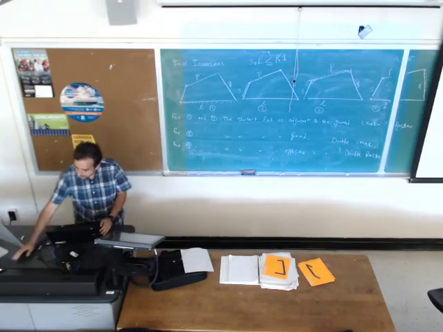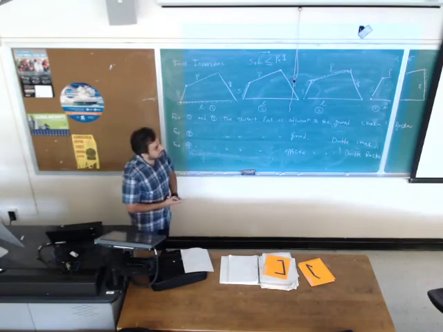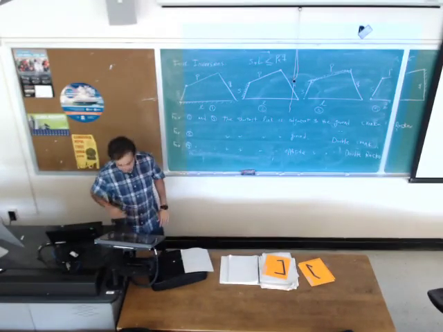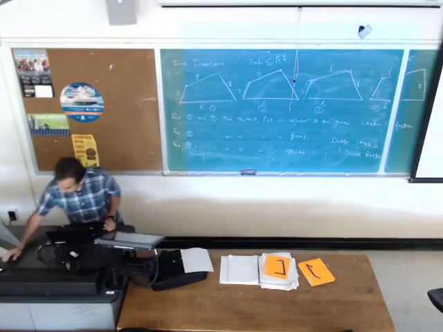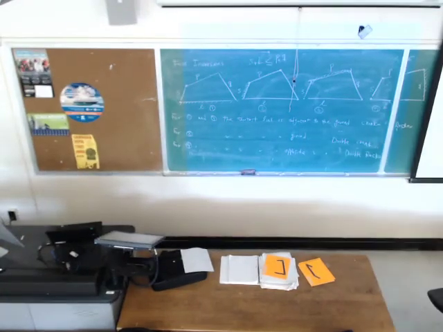All right, look at this one. This is the shortest link, the blue one. It's opposite to the ground. It's satisfying the Grashof criteria, so at least one link should be able to complete 360 with respect to the other links.